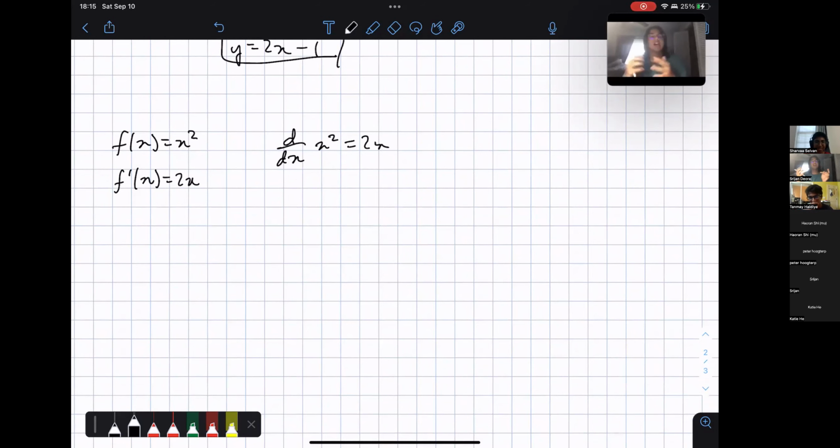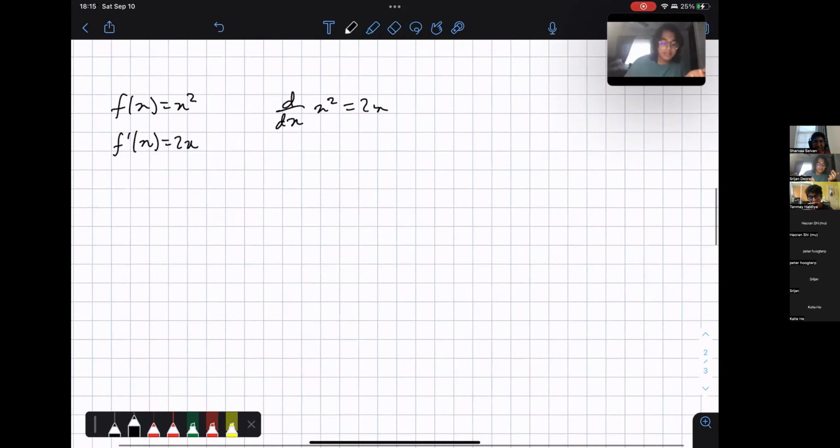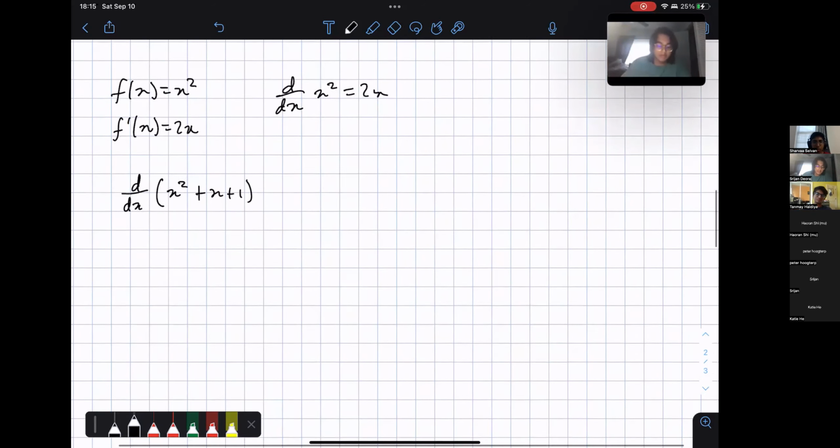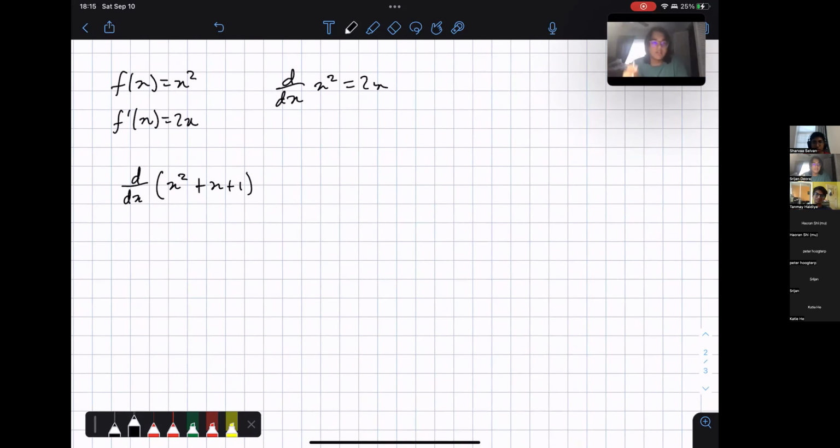So let's talk about different things you can do with derivatives. Let's say you want to take the derivative of x squared plus x plus 1. Before I get into how to solve derivatives, let's talk about what you can do. We call derivatives a linear operator, which means that you can split this up into the sums of the derivatives.